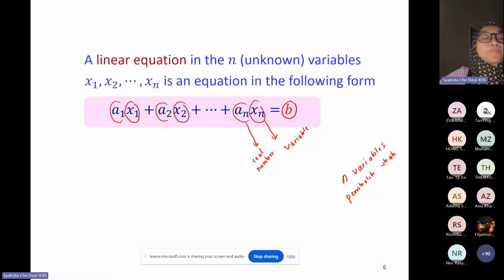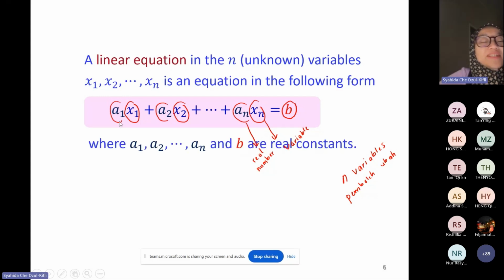Okay. So a linear equation in the n unknowns, which are variables, the variables are x1, x2 up to xn, is an equation in the following form. Okay, must be in this following form, where, as I mentioned earlier, a1, a2 up to an together with b are real constants. Real constants.